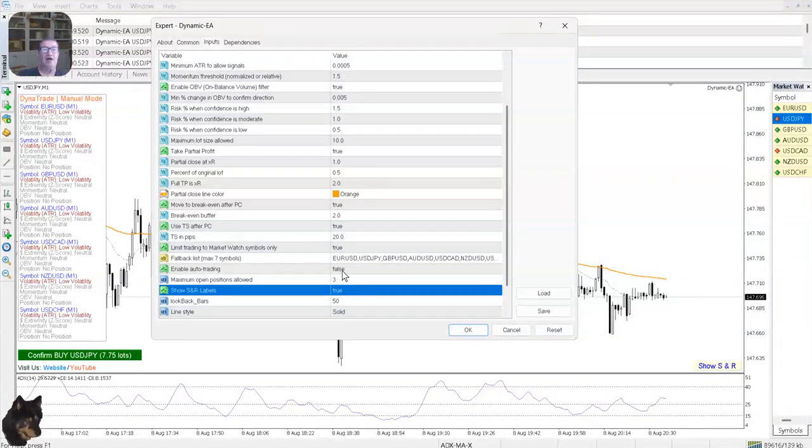Personally, I never turn this feature on, and I always only enter 1 trade at a time. I learned that the hard way many years ago. A lot of traders think that they have to have multiple open orders in order to make money. I am here to tell you that that is absolutely not the case, just the reverse.